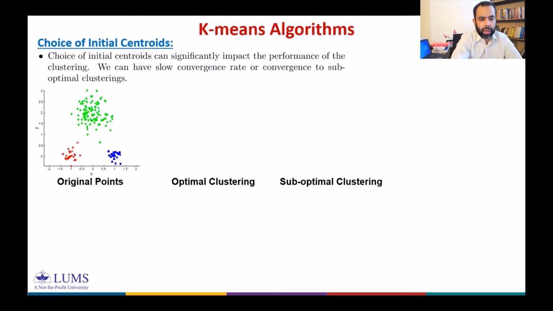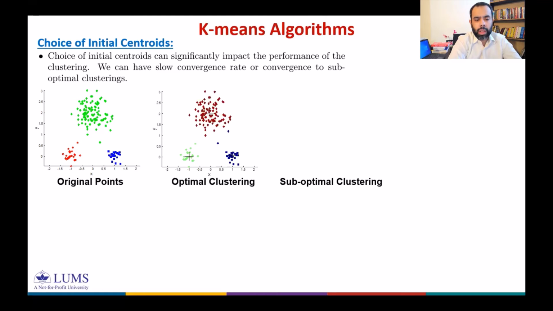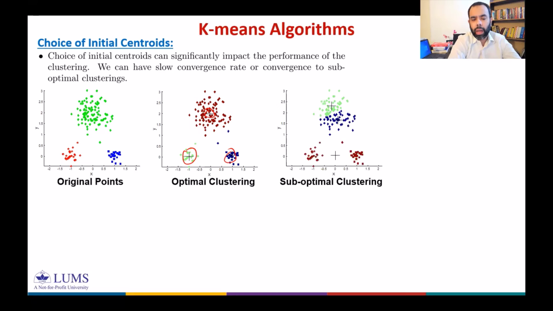Consider an example where we have these original points. Optimal clustering would yield these three centroids: this centroid, this centroid, and this centroid. There's a possibility that the algorithm converges to suboptimal clustering like this.